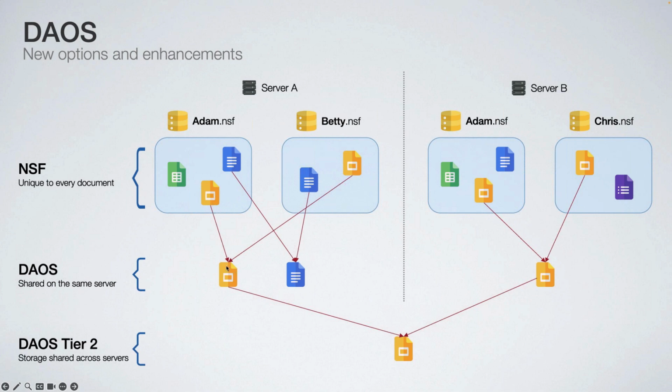So one PDF file is the same PDF file on server A and server B. And tier 2 gives you the option to do deduplication also across servers. And you can specify the storage. This tier 2 is some S3 protocol compatible storage. It can be local, or it can be in the cloud, in AWS or some S3 compatible cloud provider.